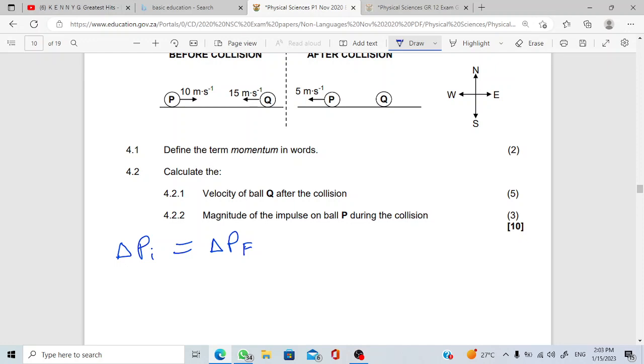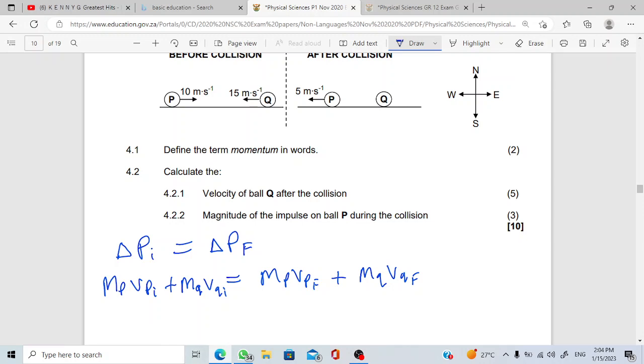Now we are going to have mass of P, velocity of P initial, plus mass of Q, velocity of Q initial, which equals mass P VP final plus MQ VQ final.